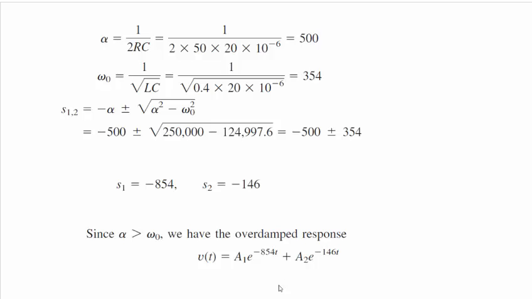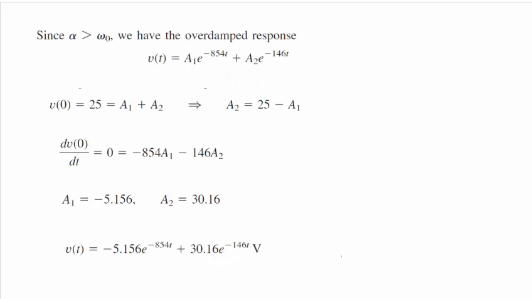All we have left now to do is find the coefficients A1 and A2, which we find from the initial conditions. So we just found the initial conditions on the previous slide. Because V0 was 25 volts, that means we put T equals 0 in this equation. 25 volts equals that. So we get this equation of A1 and A2.